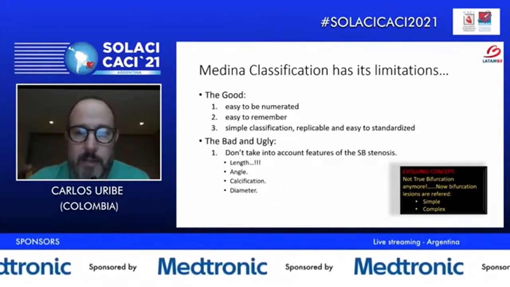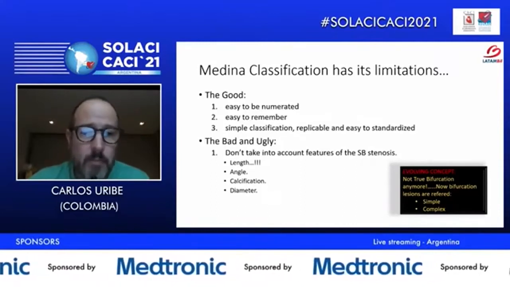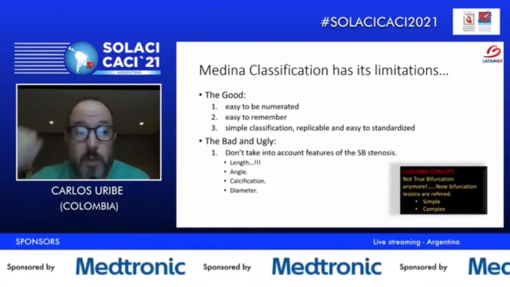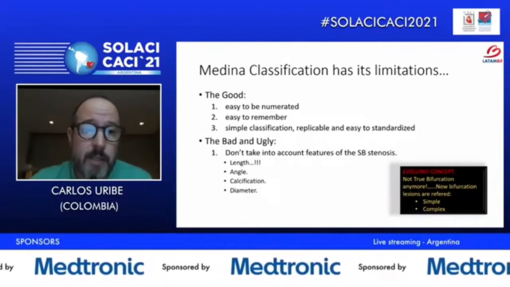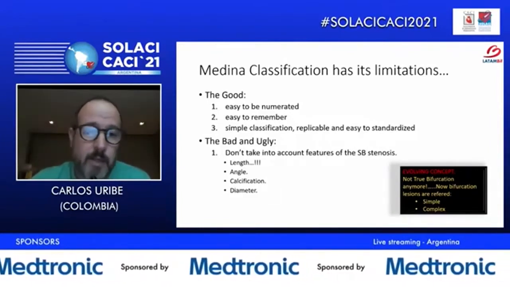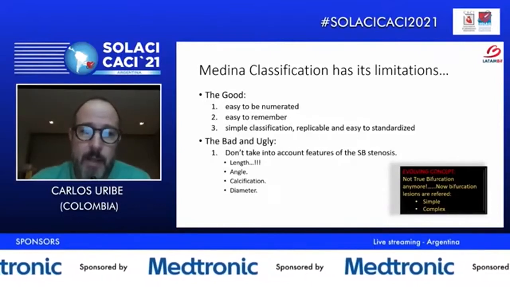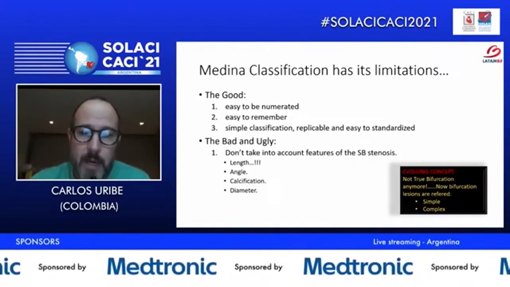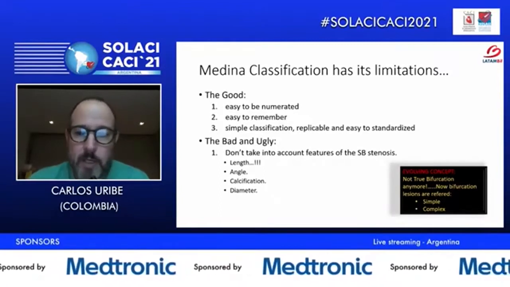This classification does not consider the lesion characteristics, which is very important in this case. For example, length, the calcification length, the angulation. The classification is good because it's easy to name, to remember, to standardize in studies. And definitely the concept of true bifurcation shouldn't be used any longer.